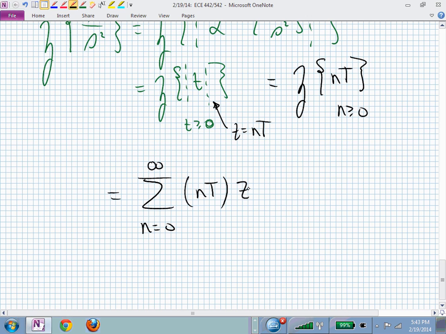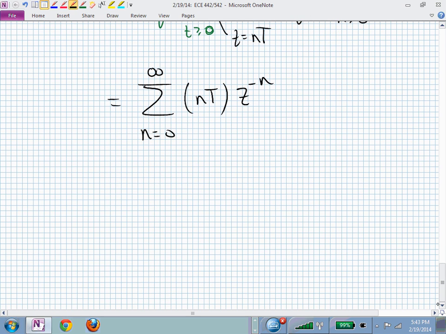This now gets scaled by z to the minus n. Since capital T is a constant relative to what we are summing with respect to, which is little n, we can factor that T out from every term, and we now have this sum from n equals 0 to infinity of n z to the minus n.